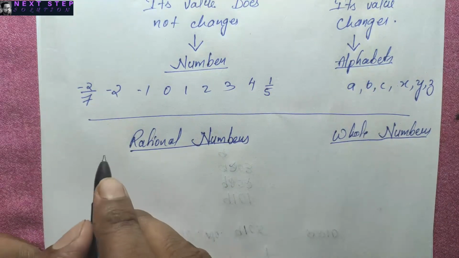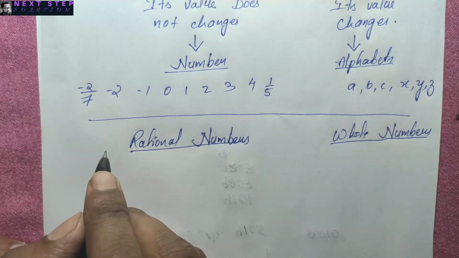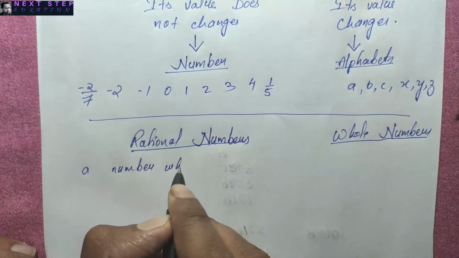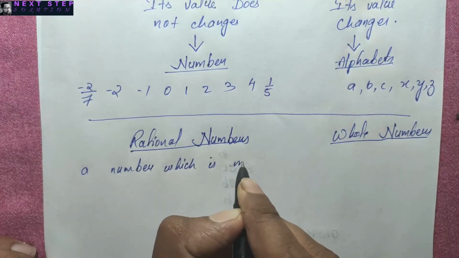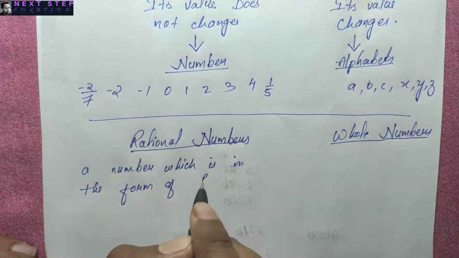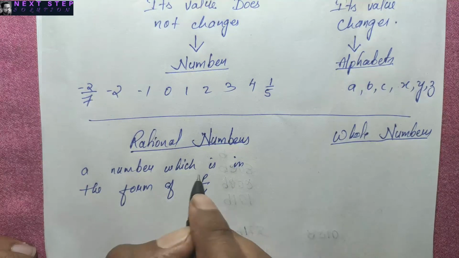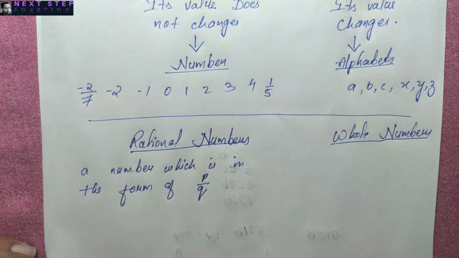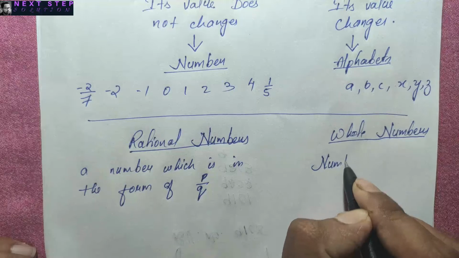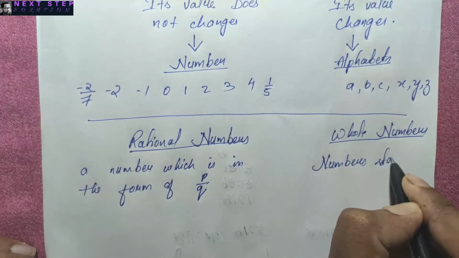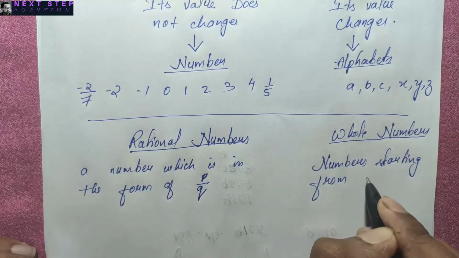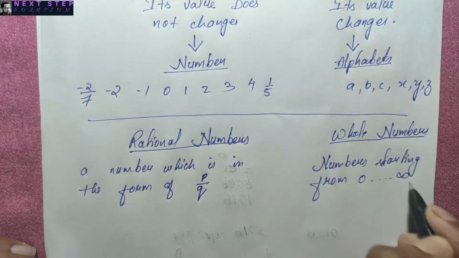Rational numbers are those which can be presented in the form of P by Q, where P and Q are integers and Q is not equal to 0. But whole numbers are those numbers starting from 0 and going on till infinity.